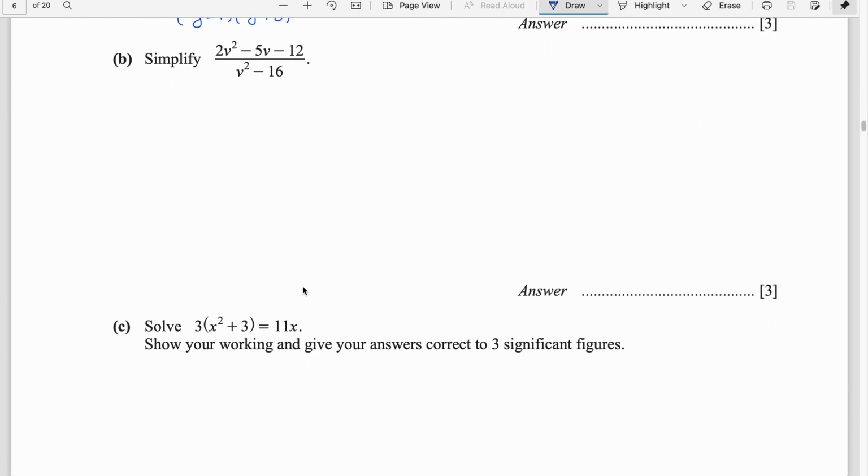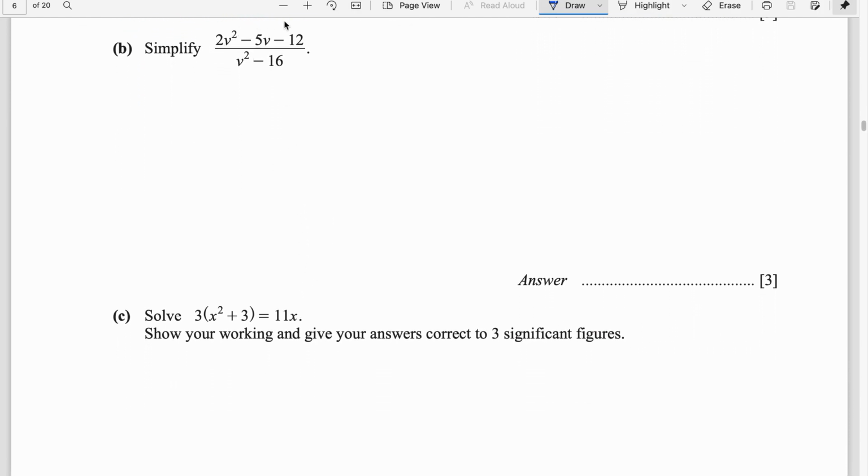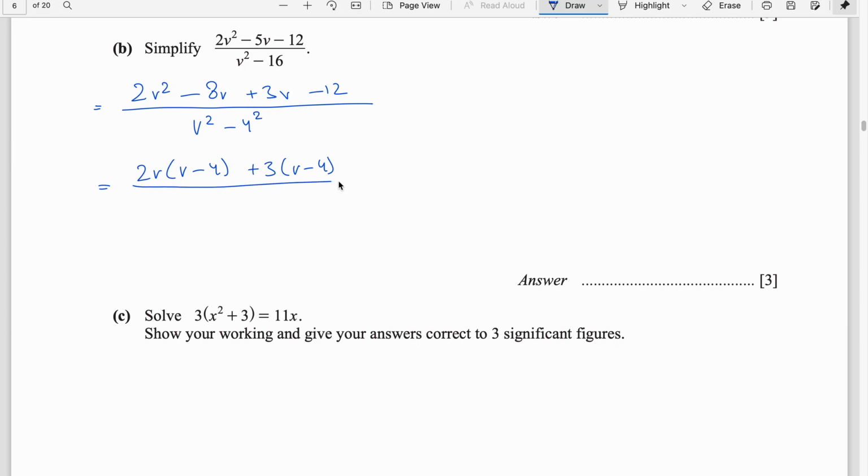B part, simplify. So 2 times 12 is 24, and 8 times 3 is 24. So 2v squared minus 8v plus 3v minus 12, middle term breaking, and this is v squared minus 4 squared. 2v(v minus 4) plus 3(v minus 4).